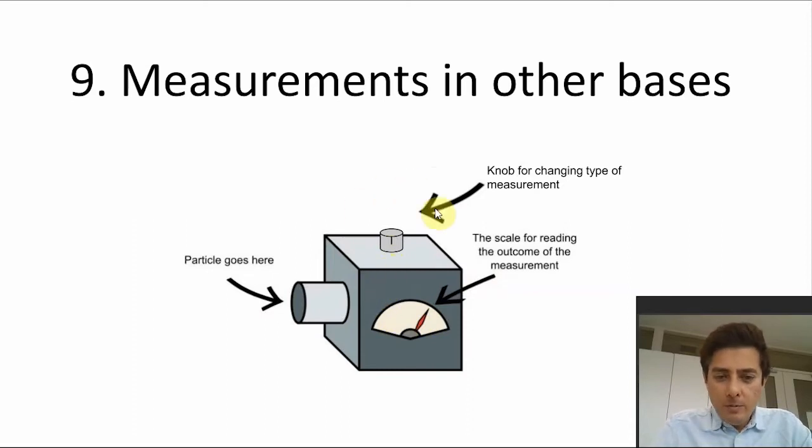And before, what we didn't have is this little knob that I've just drawn on the top here, and this actually means that measurement is not like there's only one type of measurement, there's actually all kinds of different measurements that you can do, and it's like a variable knob that you can twiddle on the measurement device to change the type of measurement. So this is what we're going to be talking about this lecture.